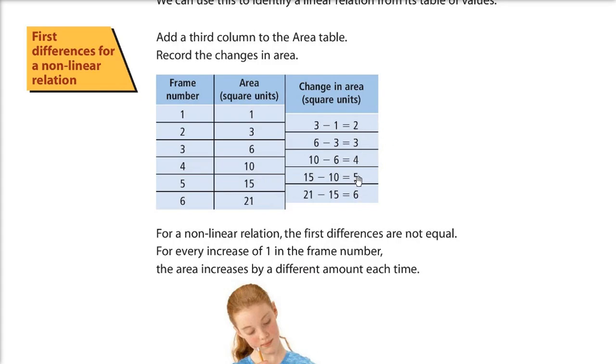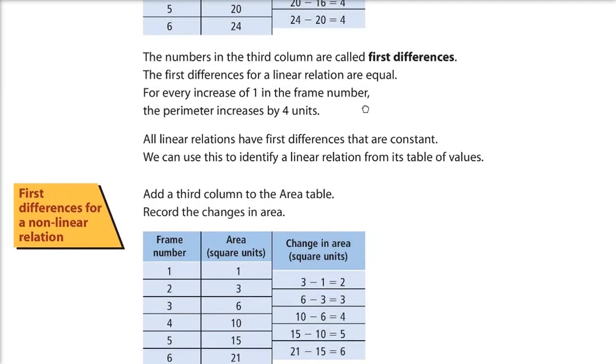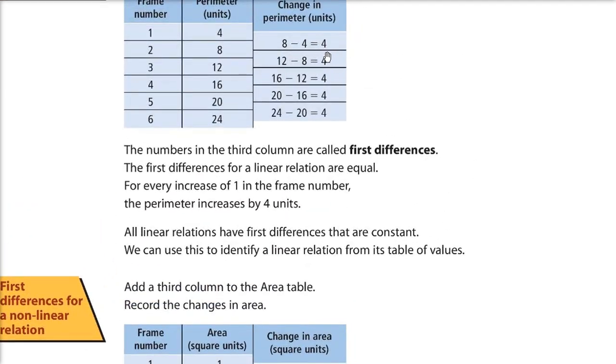If you see, 2, 3, 4, 5, 6, all these are different. That is, they increase one at a time. It may be different, but they are not equal. That is, the area increases by a different amount each time, but the perimeter increases by the same constant every time.